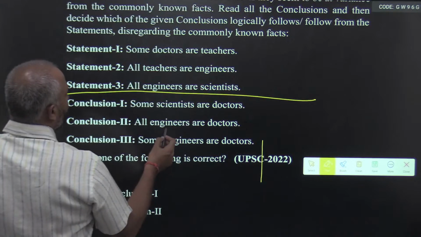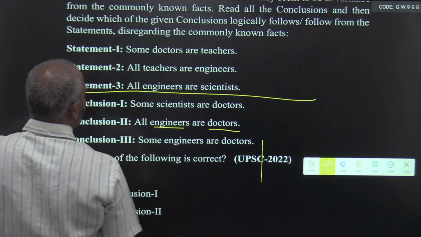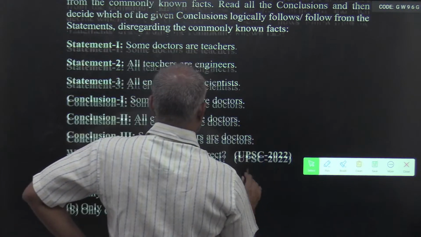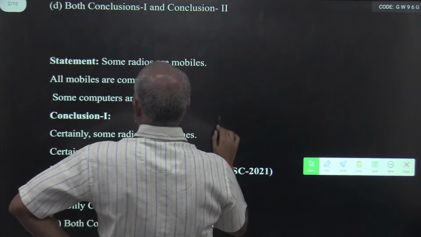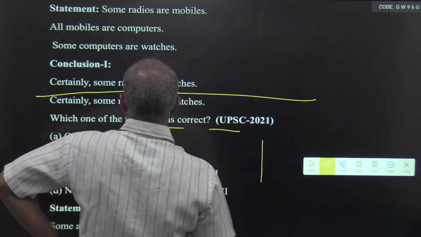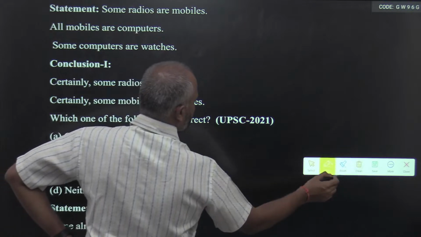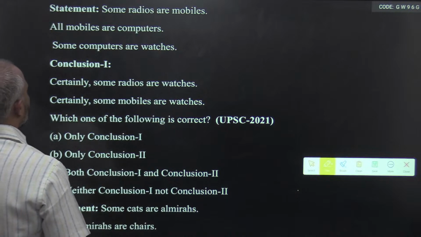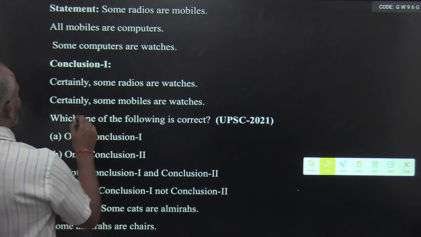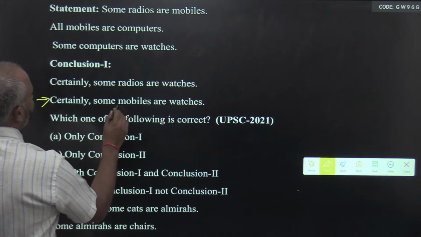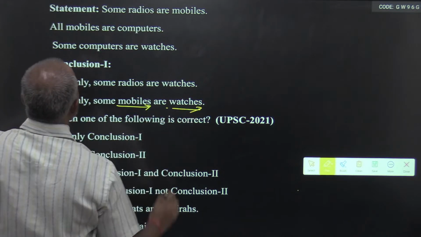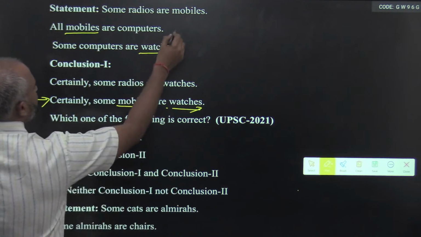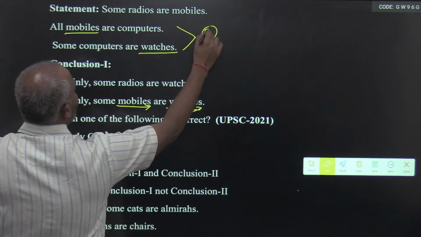You need to make a relation between engineers and doctors. Let us take conclusion 2. You need to make a relationship between mobiles and watches. Mobiles is here, watches is here. That means you need to form a relationship between 2 and 3.